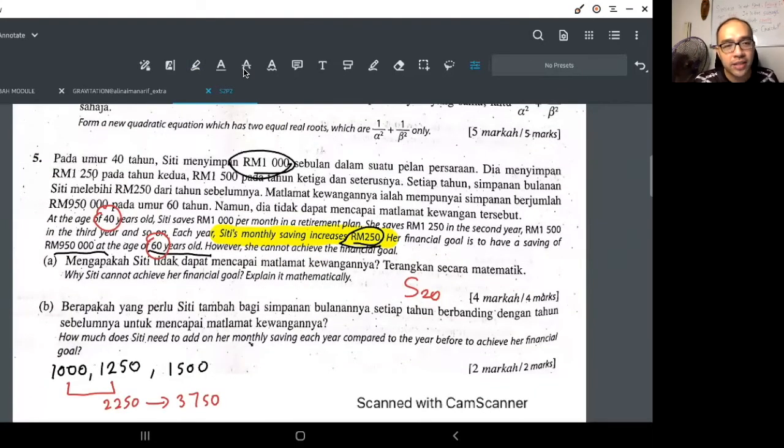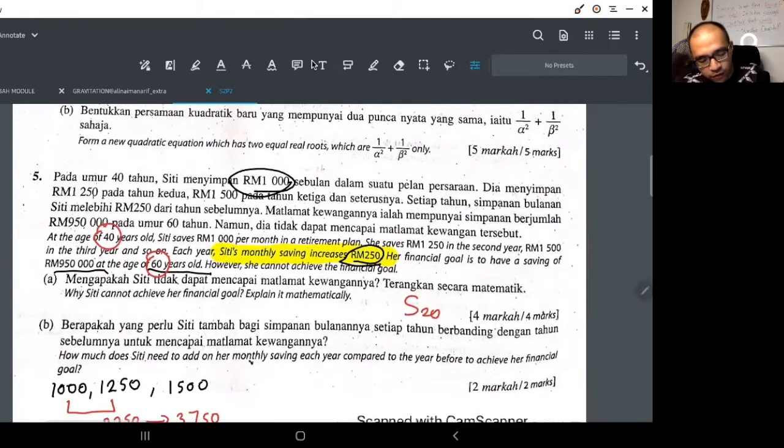So the question says, Siti saves 1,000 per month in the retirement plan. Yeah, it's the word monthly, and then the next sentence, it says she saves 1,250 in the second year. It's okay, but don't worry. What they are failing to mention here, it should be, she says 1,250 ringgit monthly in the second year. That's what they should be saying.